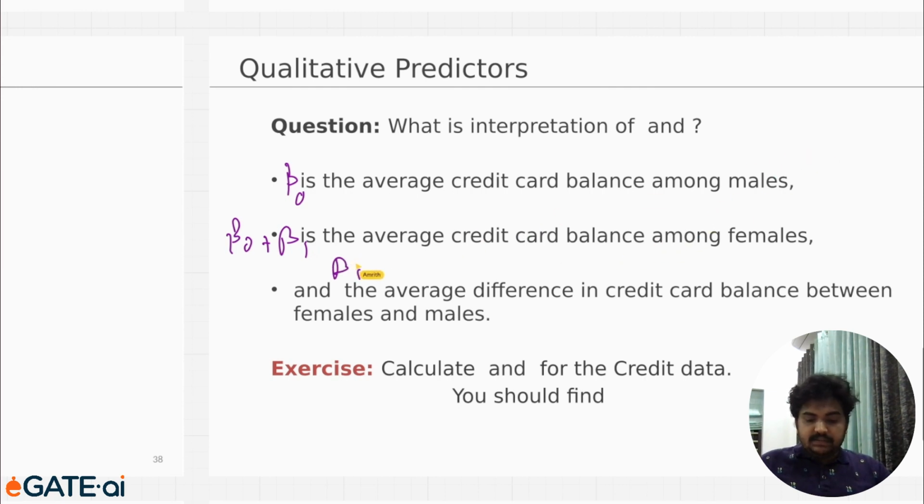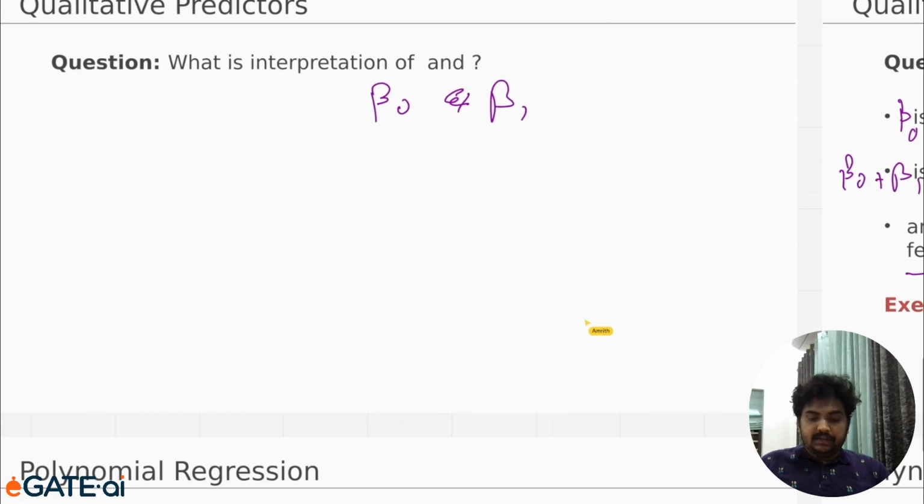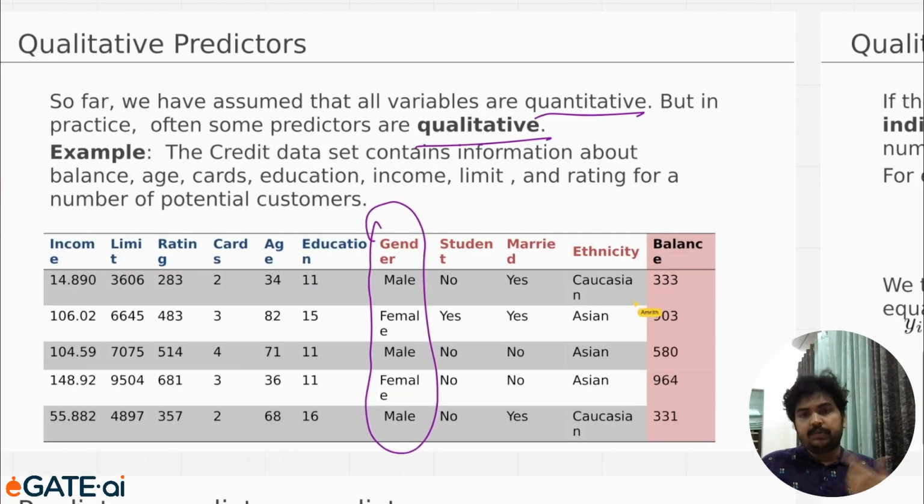And beta 1 is the average difference in credit card balance between females and males. So calculate beta 0 and beta 1 for the credit card from the credit data based on this, which we will come back to later.